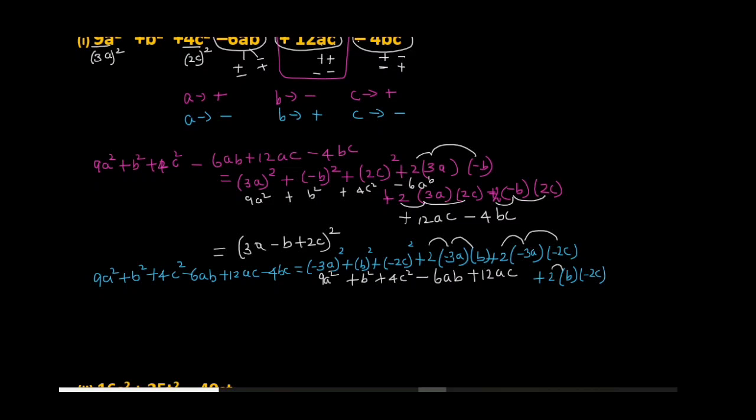Here 2 into 1 is 2, 2 into minus 2 is minus 4BC. So here also we got the same expansion. So like this also we can factorize it, which is (minus 3A plus B minus 2C) the whole square. So these are the two things. We can expand this and get the given expansion.